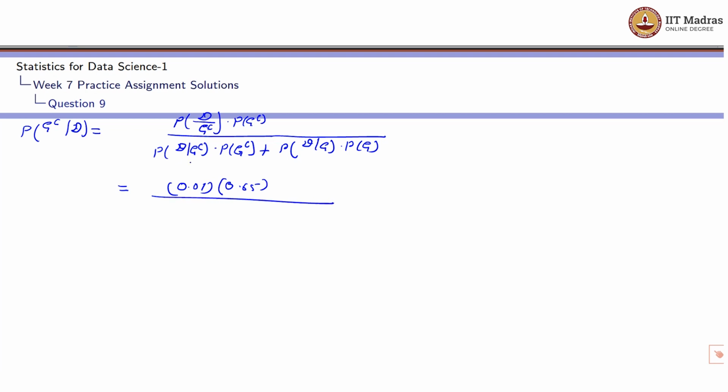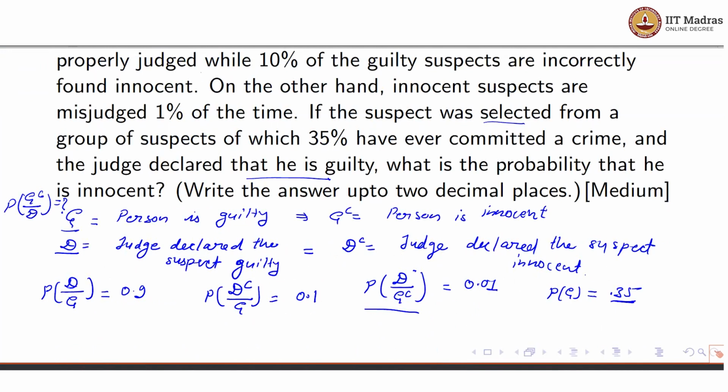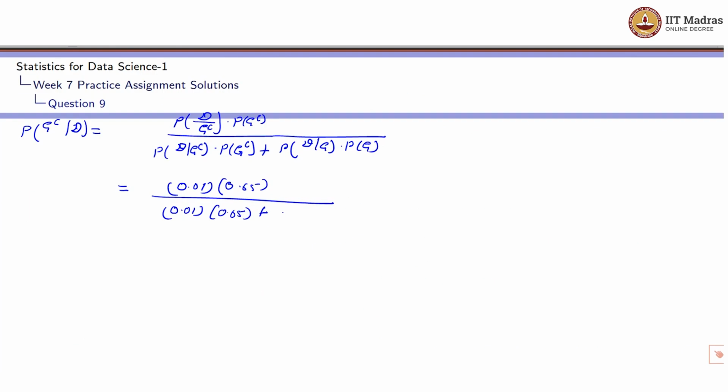Upon same, P of D given G complement is 0.01, P of G complement is 0.65. Here P D given G is 0.9 into 0.35. By solving it, I will get as 0.02. So P of G complement given D, that is, the person is innocent but judge declared him guilty, is 0.02. That is my answer.